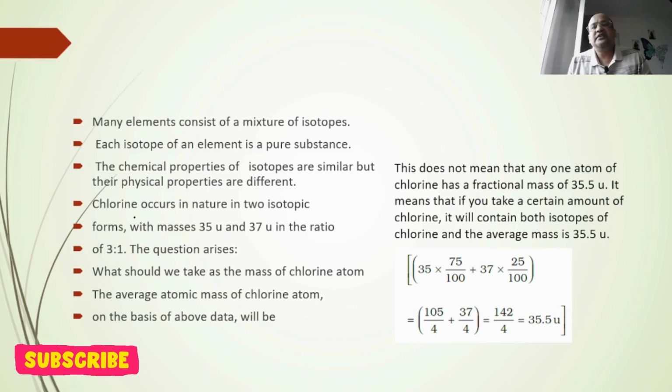Now if you take the example of chlorine, right? Chlorine occurs in nature as 2 isotopes, which have the masses of 35 and 37 in the ratio of 3 to 1. Now here the question arises, what should we take as the mass of the chlorine atom?